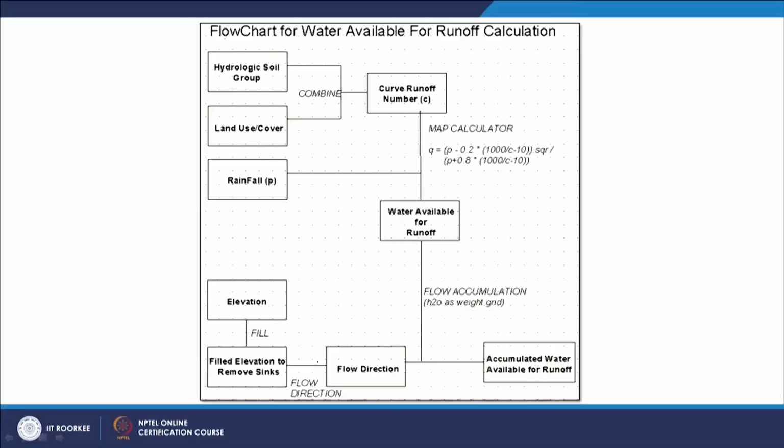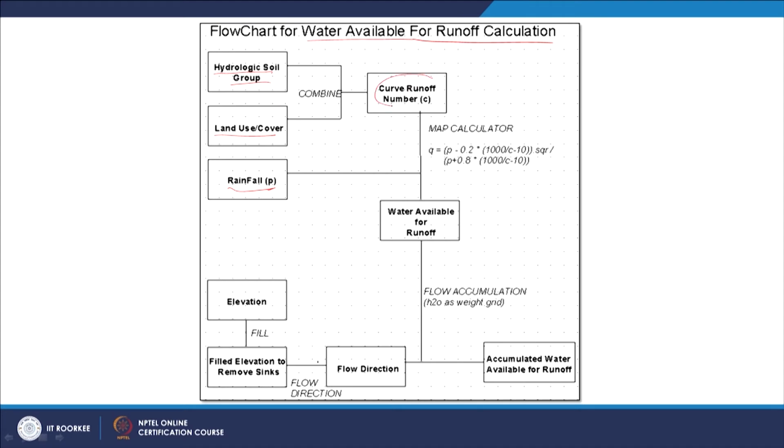or a bridge. Now, if we want to calculate the availability of water for runoff accurately, then you have to bring in the hydrologic soil groups as one of the inputs, the land use land cover map, and rainfall precipitation data, and all these will be combined.